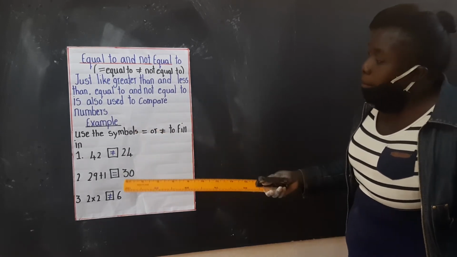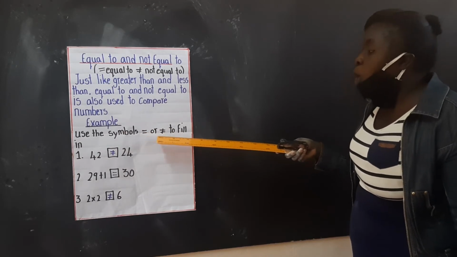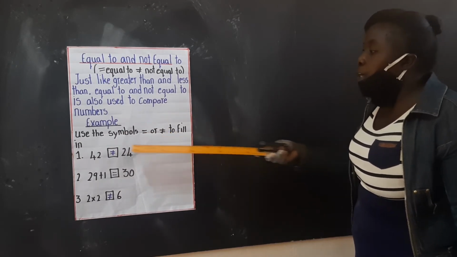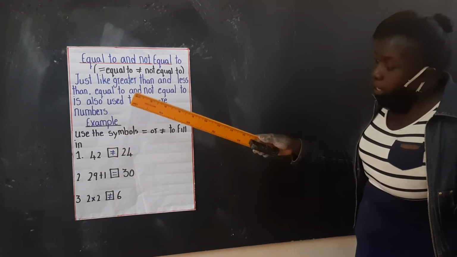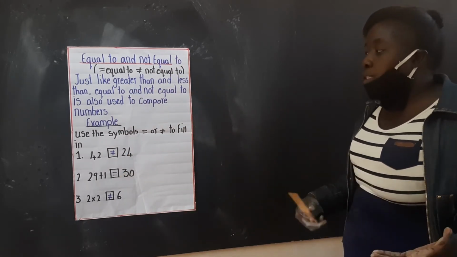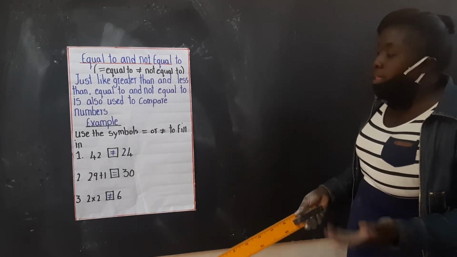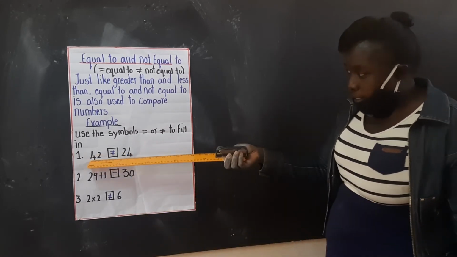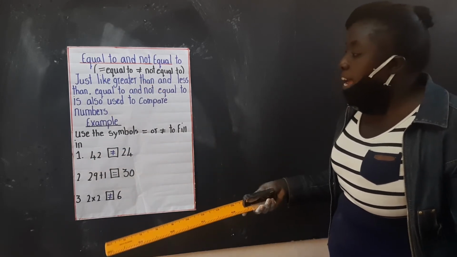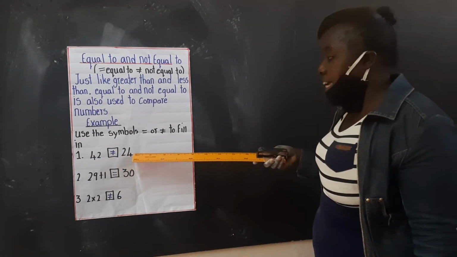Our example says, use the symbols for equal to or not equal to to fill in. We have three problems here, and we are required to compare them and choose the correct symbol. The first one, we have been given 42 box 24.